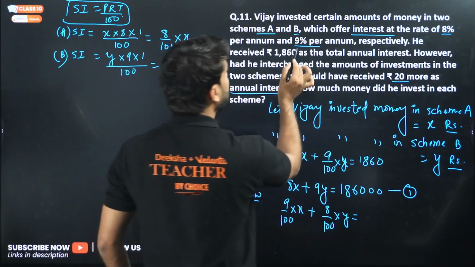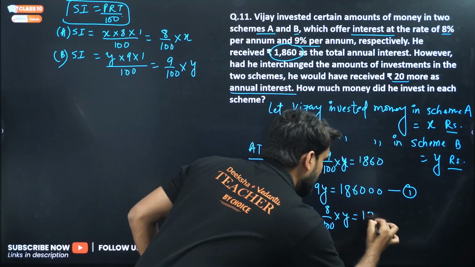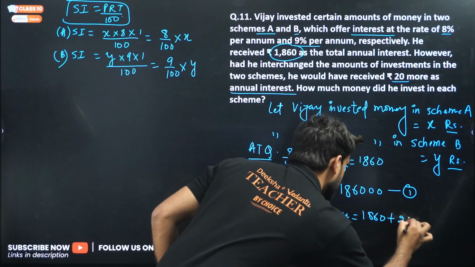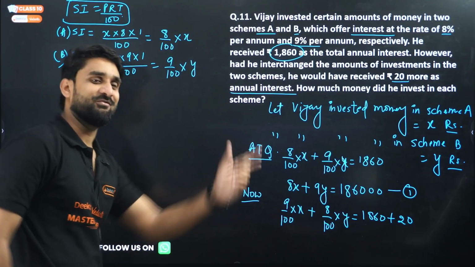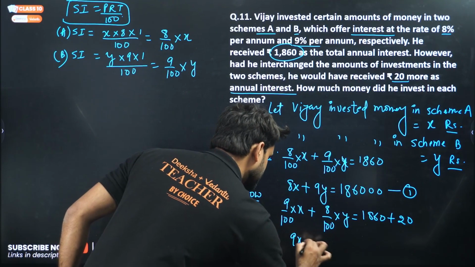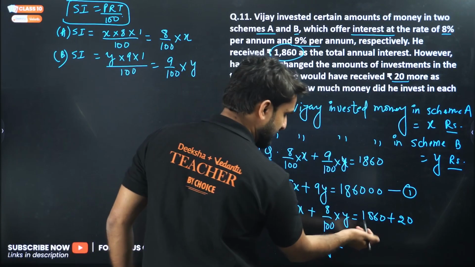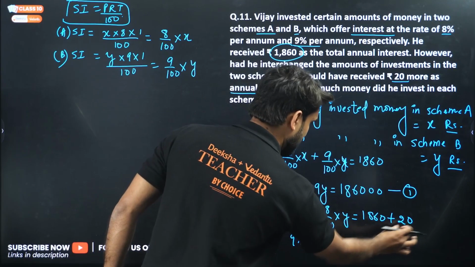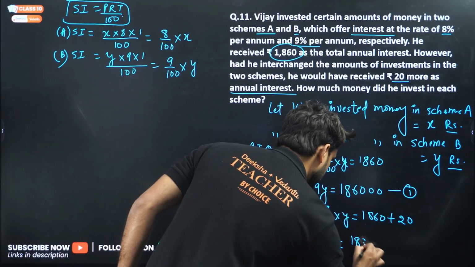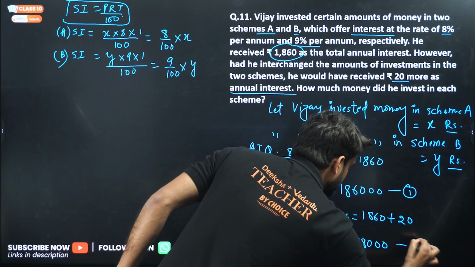What he was getting earlier 1860, now 20 more, so 1860 plus 20 more after interchanging the investment amount. So can we write here 9x plus 8y will be equals to 1880, and please call it equation number 2.